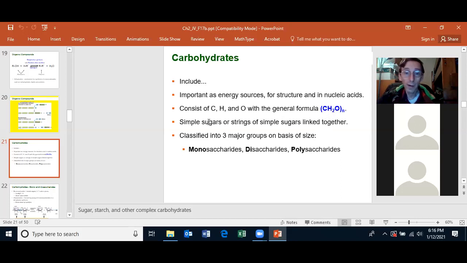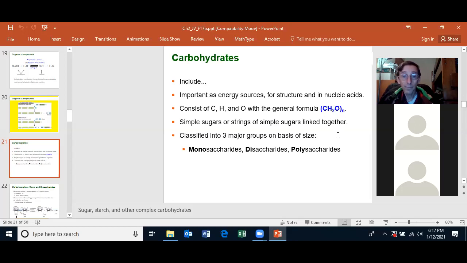So for each carbohydrate, you can abbreviate it as CH2O, put it all in brackets, and then an N for the number of times this unit is repeating. So for glucose, for example, N is 6. So you put a 6 here, glucose will be 6 carbons, 12 hydrogens, and 6 oxygens. Any question about any of that?